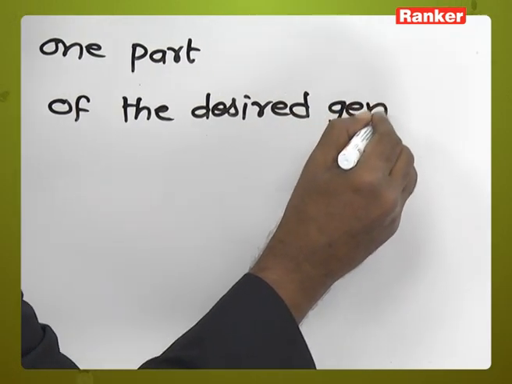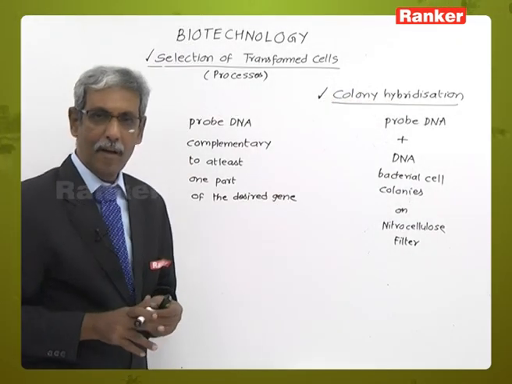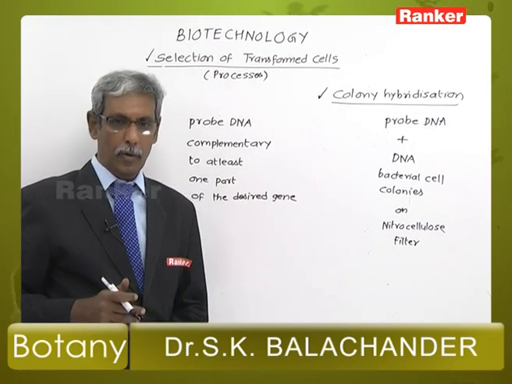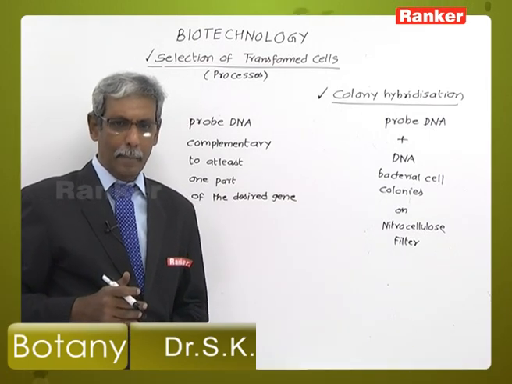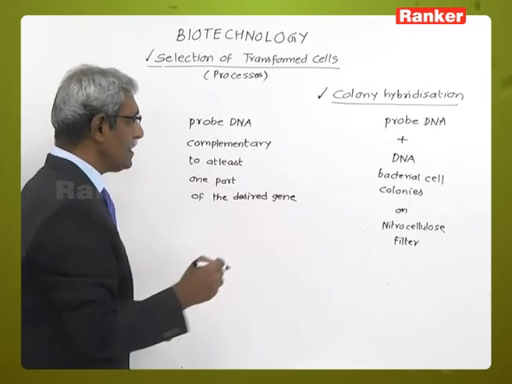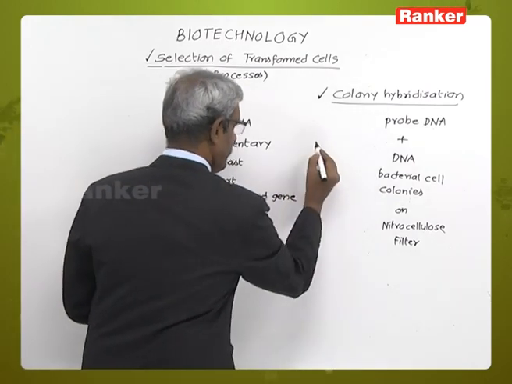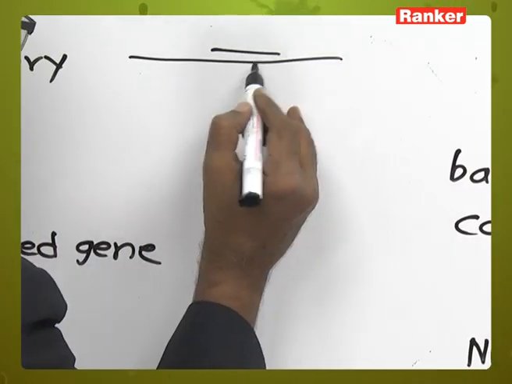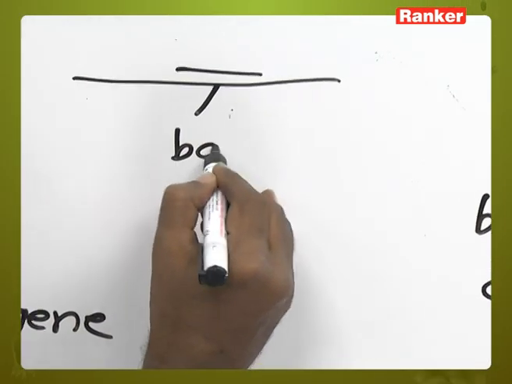That is, the probe will go and align itself with relation to your recombinant DNA. So, in this particular technique, primarily if we send a probe, the probe will go and align itself with relation to the bacterial DNA.